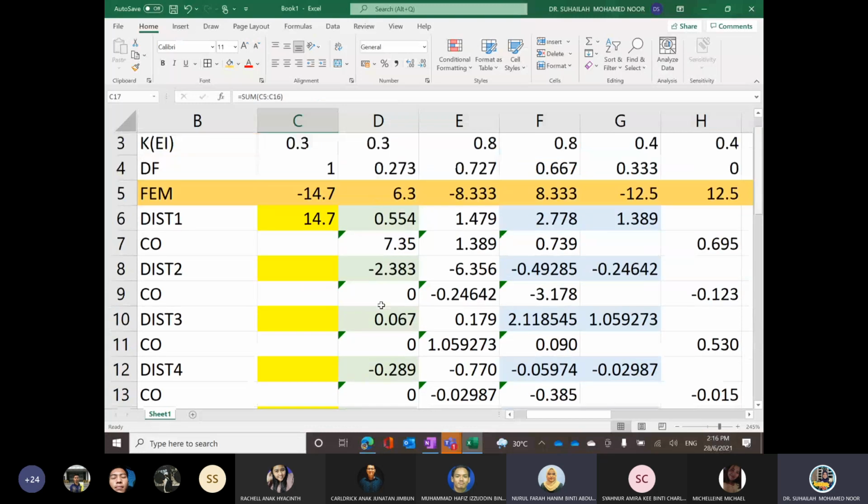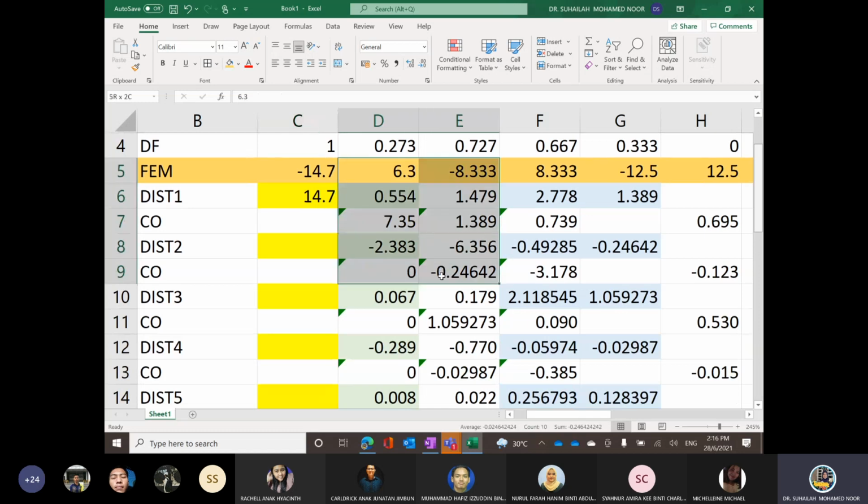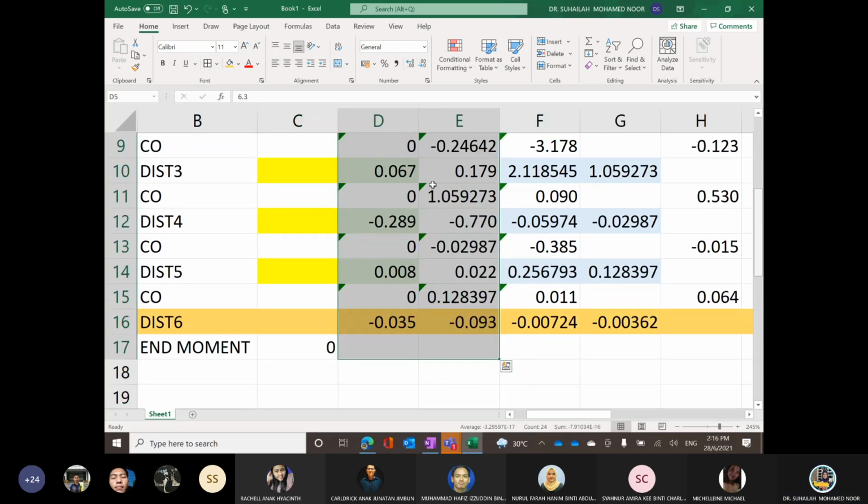Okay, next is MBA as well as MBC. Remember that moment at B also equals 0. MBA plus MBC is equivalent to MB, and MB is also equal to 0 because of the roller support. So start from 6.3 until this.